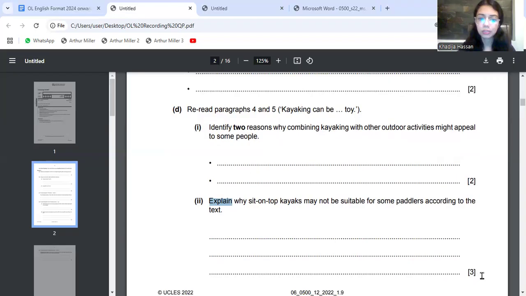And it's for 3 marks. So you need to be picking out 3 points for why sit on top kayaks may not be suitable for some paddlers according to the text. Wherever you see the word explain in explicit meaning questions, just remember it will require you to do a little more thinking, a little more digging. And it's a really good idea to also have this in your own words as opposed to the words of the text.